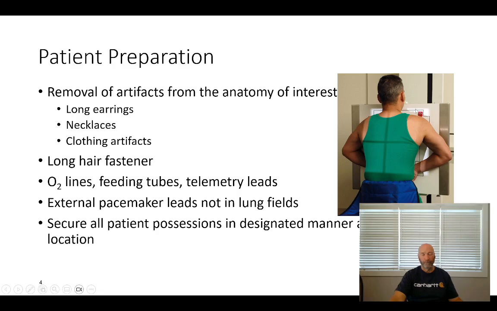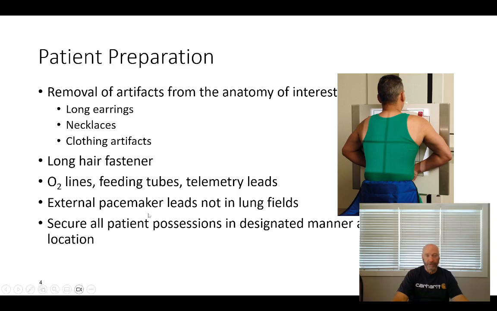But it really is not the best place for them. So what you want to do is take the telemetry device, the heart monitor, out of the harness and just lower it down in front of the patient so it pulls those leads tight straight down towards the patient's feet. It really gets them out of the way the best.